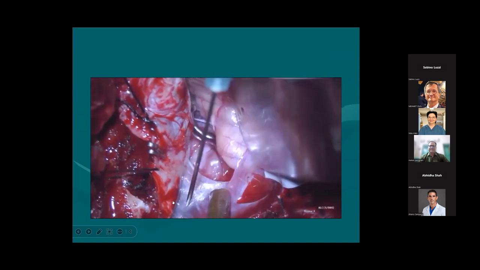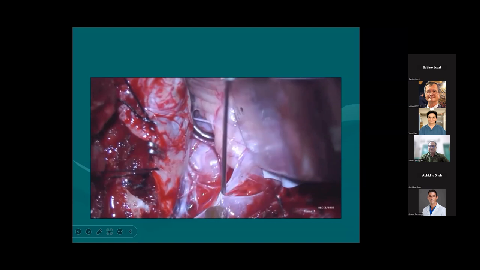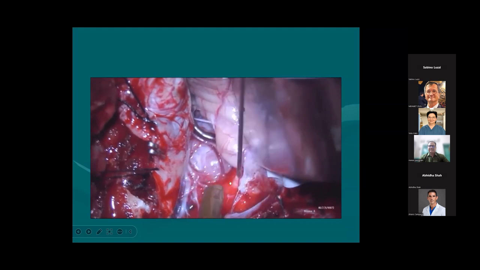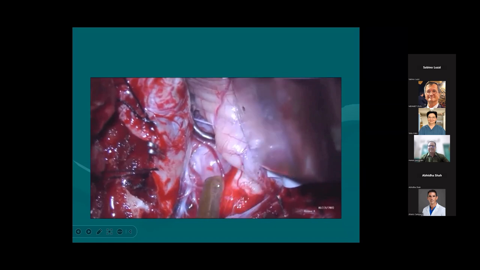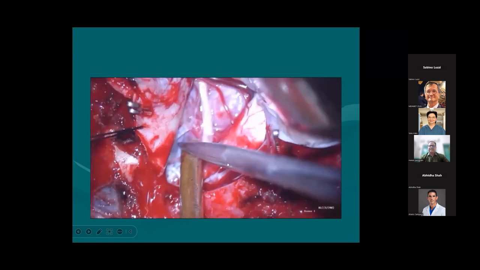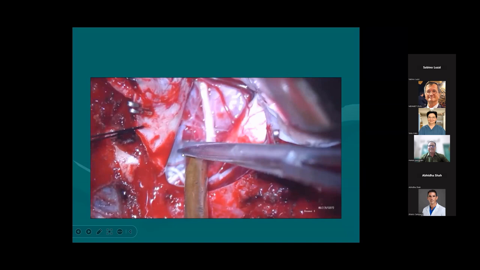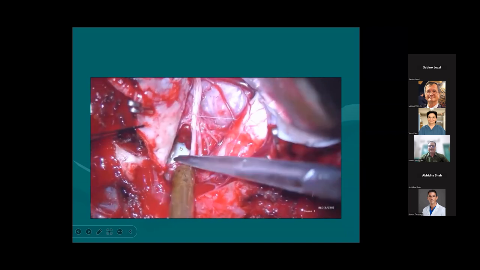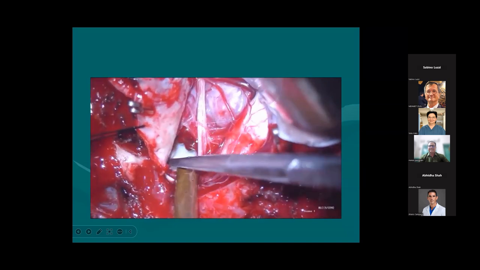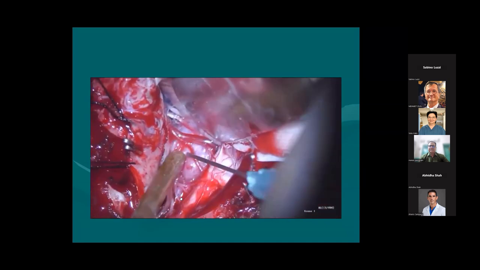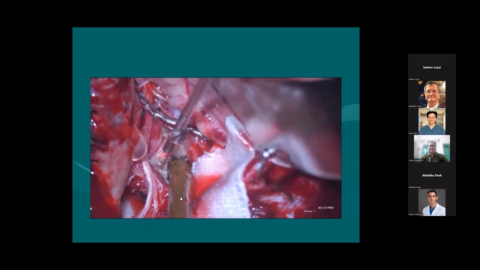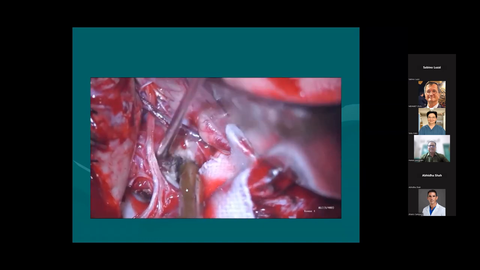This is the spinal accessory nerve, the C1 nerve root; the tumor is arising from the vertebral artery. The dentate ligament is incised to identify the vertebral artery. And the tumor was adherent to the vertebral artery.